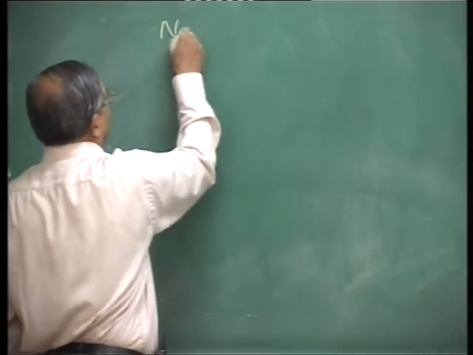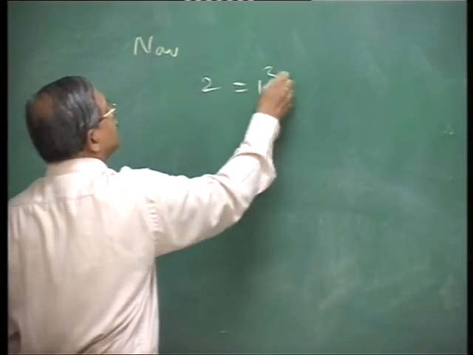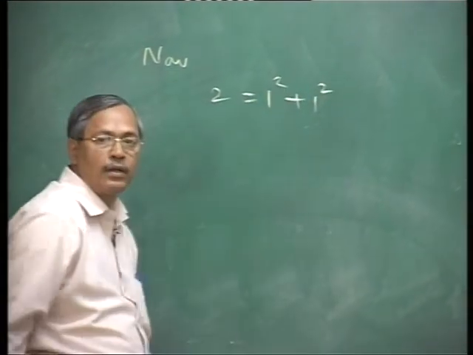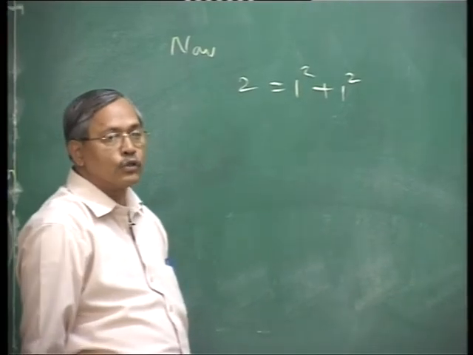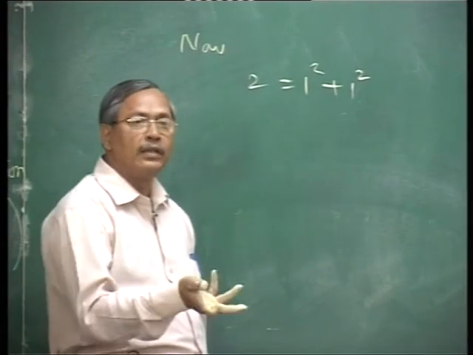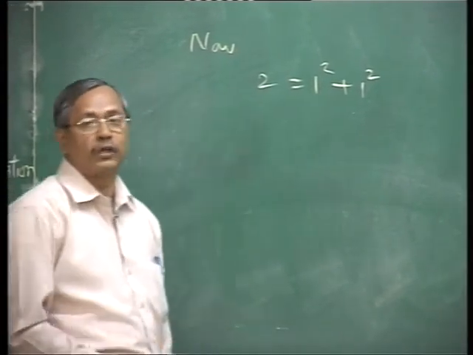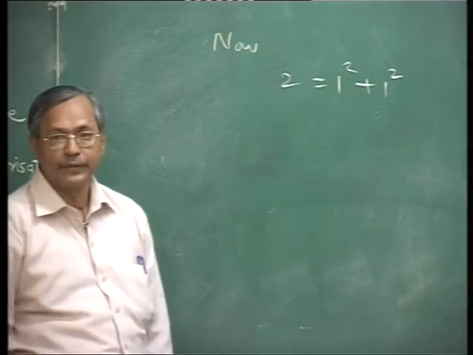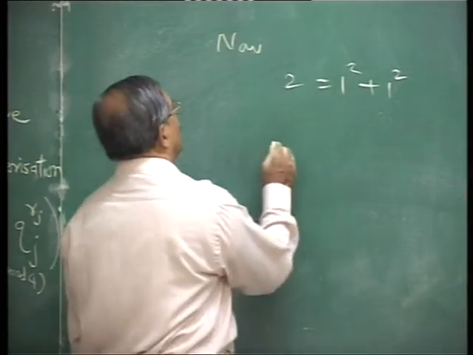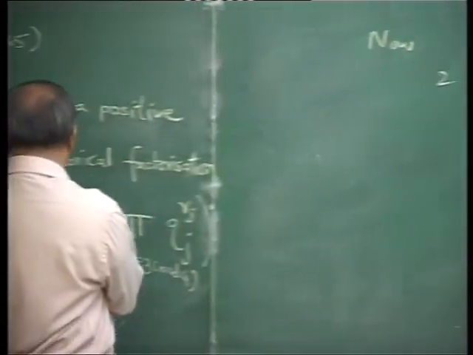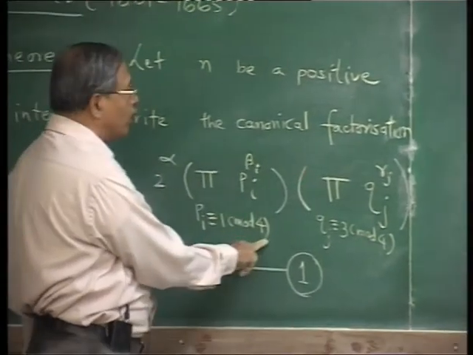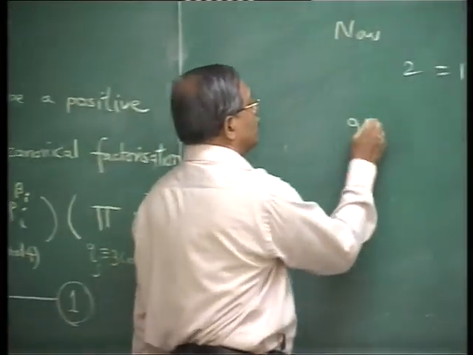So now 2 equals 1 square plus 1 square. So any power of 2 will certainly be a sum of two squares because of that result. A prime of the form 1 mod 4 is also a sum of two squares.